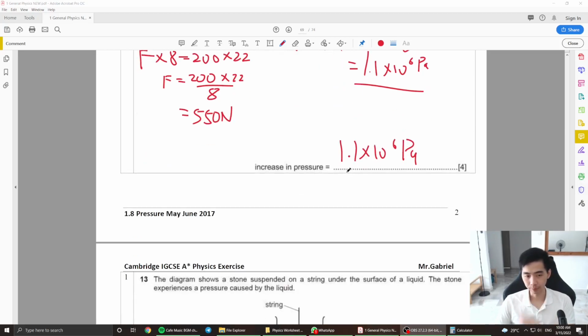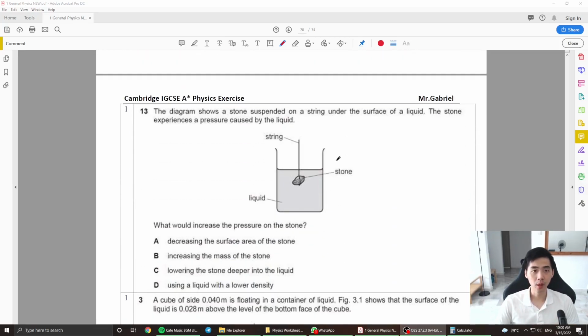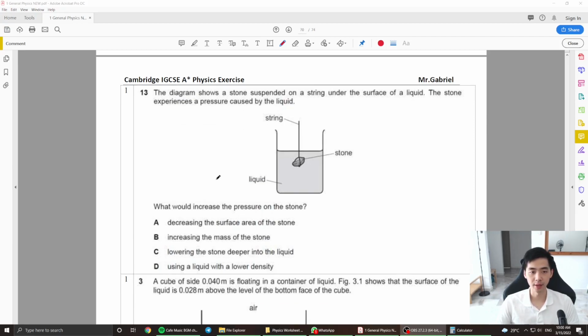Then moving on to the next question here. A diagram shows a stone suspended on a string under the surface of a liquid. The stone experiences a pressure caused by the liquid. What would increase the pressure on the stone? Yet again, the formula here is going to be rho g h, right?